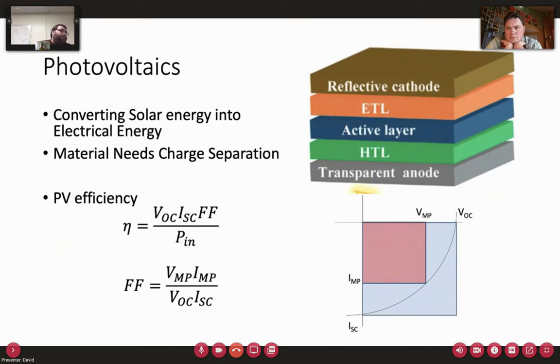The idea with this shaded area is the power that we are actually able to obtain. So the idea is that we want to make the red area as big as possible.